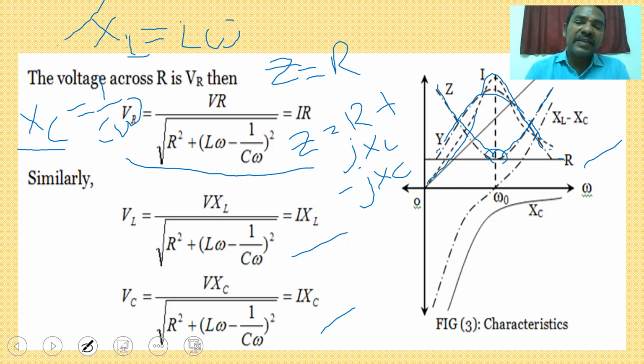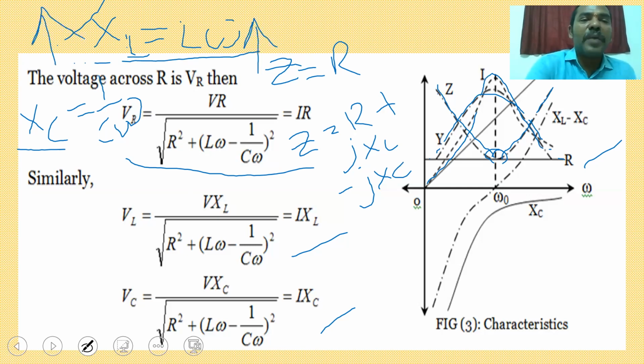Then what is XL? XL is L into omega. As omega increases, XL also increases. When omega is equal to 0, XL is also 0, so it is a straight line passing through the origin. Then coming to XC, XC is equal to 1 by C omega.